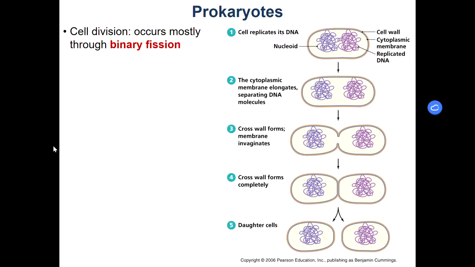In binary fission, you have your single-celled organism, the DNA replicates itself, and then the cell membrane splits and you end up with two identical daughter cells. So in binary fission, the two offspring, the two daughter cells, are identical to the single parent cell. They do not reproduce sexually like we think of eukaryotes doing.